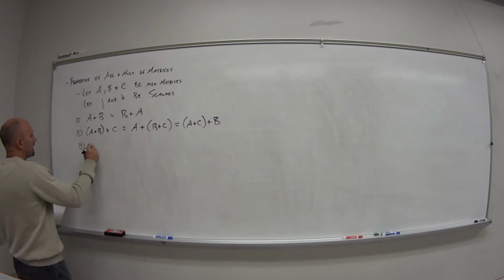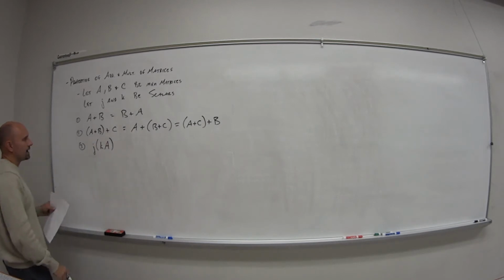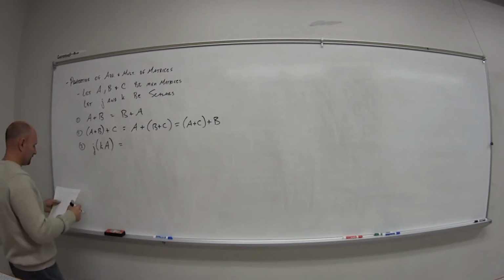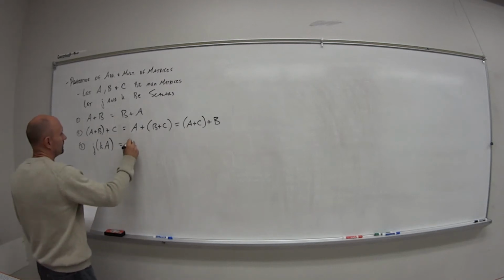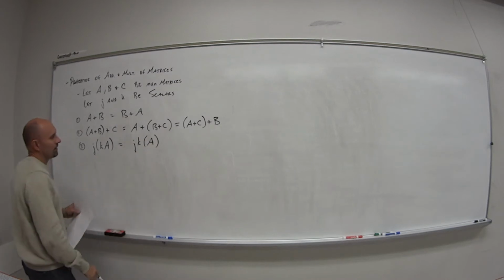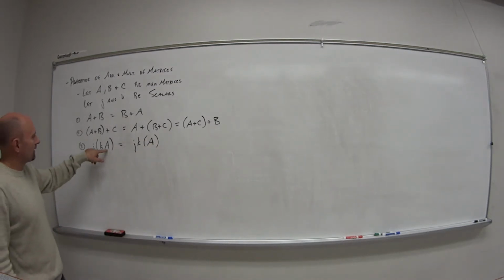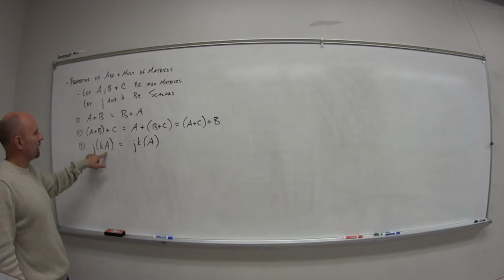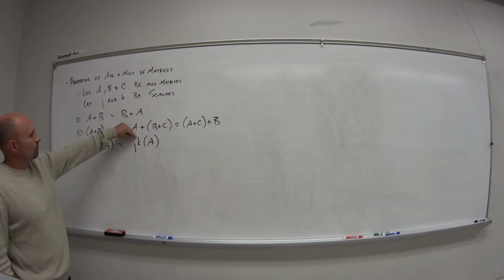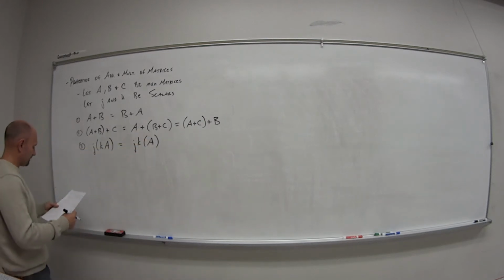If I have J times K times a matrix A, this is the same as if I just multiply J and K and then multiply that times the matrix A. So whether I multiply by the scalar and then by another scalar, or multiply the scalars together first and then multiply by the matrix, I get the same answer.